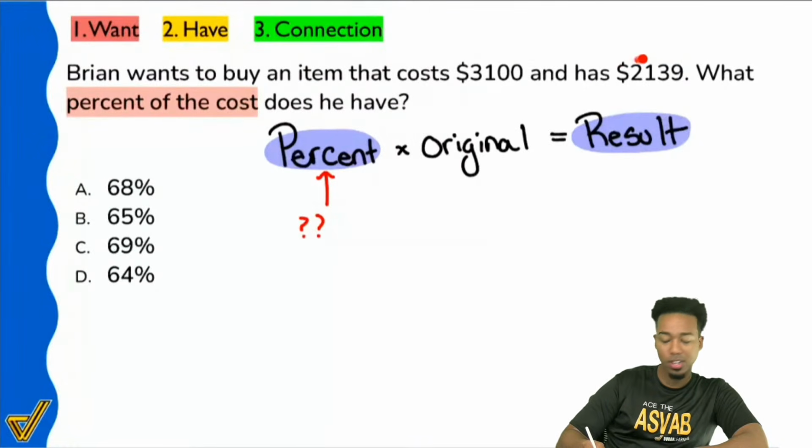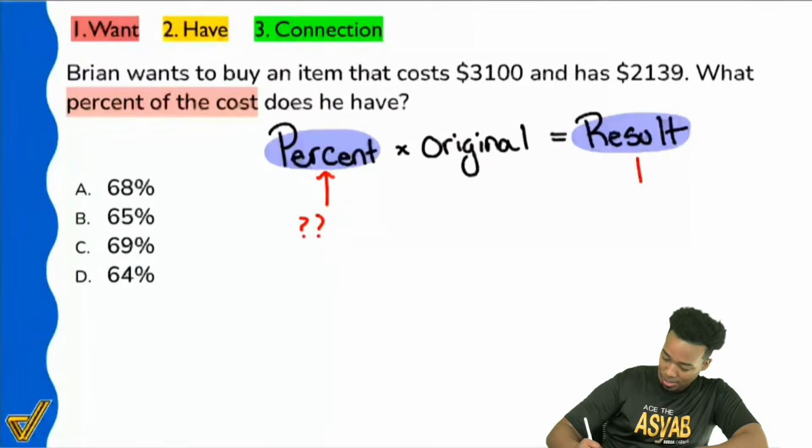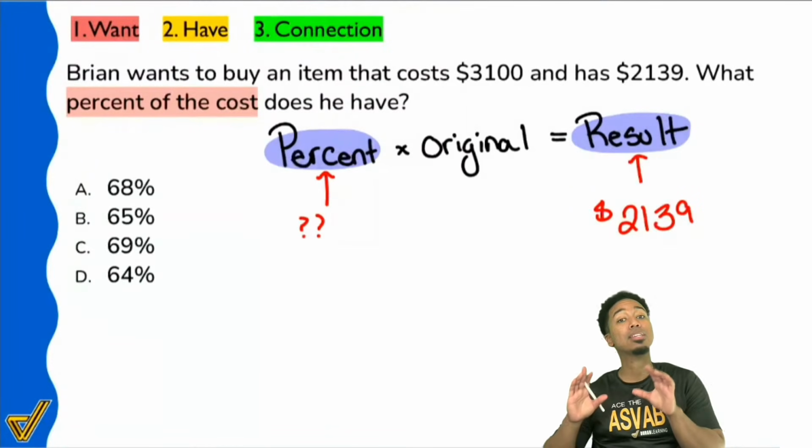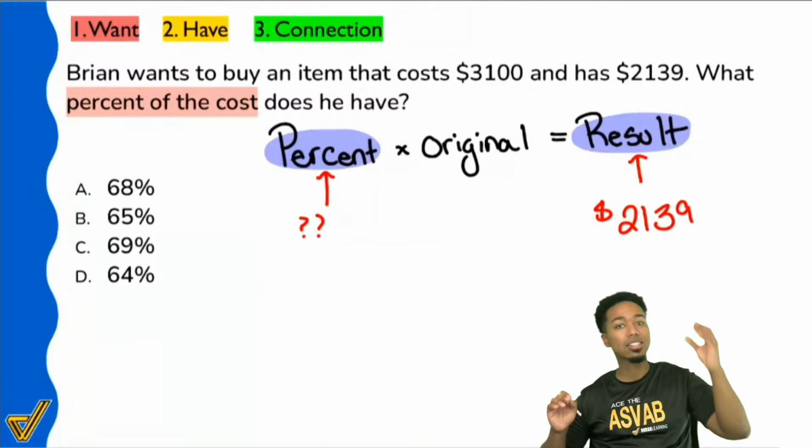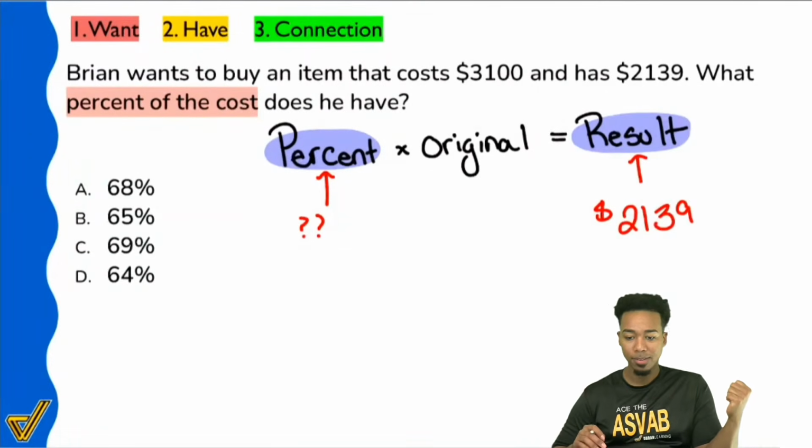So that tells me right here that he has $2,139 out of the whole $3,100. So this percent that we're looking for, the percent that he has, is connected to $2,139. Does that make sense there, everybody? The percent that we're looking for is connected to what Brian has.